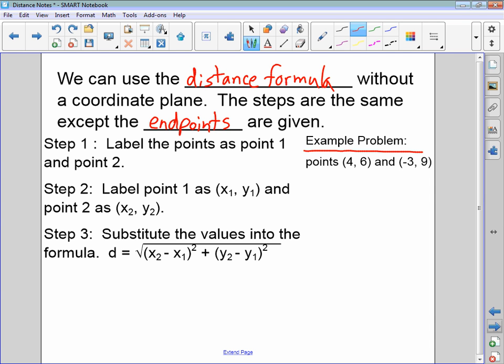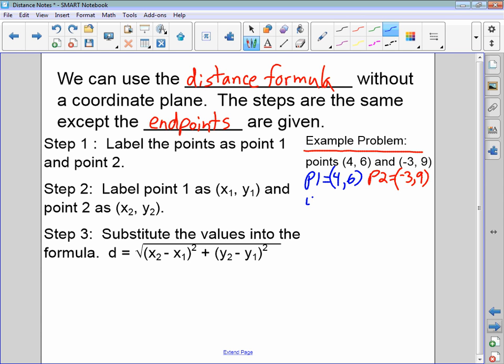And so I have 2 points. I'm going to label point 1 as 4, 6. I'm going to label point 2 as negative 3, 9. And point 1 gets my x1, y1.